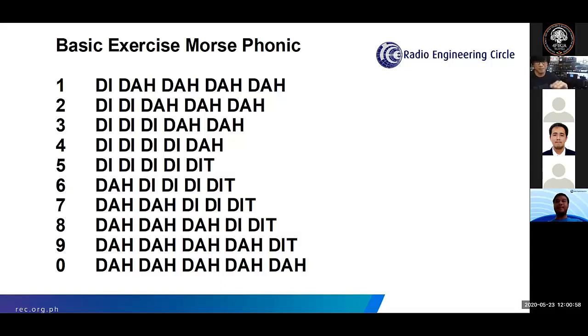And that's the opposite of number 6. Number 6 is da and four units of di. So number 1 and number 6 are exactly the opposite. This is a lot easier to remember than the letters, because letters have different lengths, but with the numbers it's constant. Everything is five units.